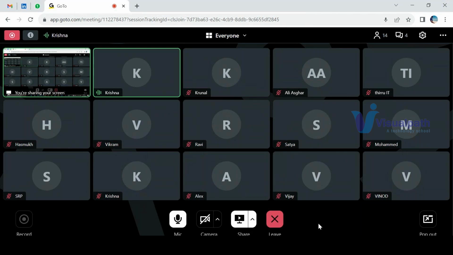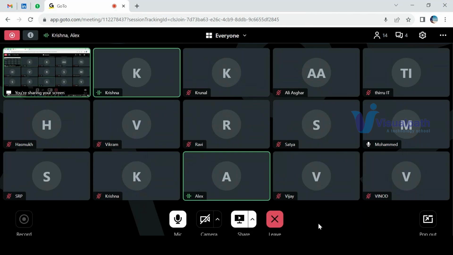It doesn't have much impact on existing transactions or anything. It will just work going forward from the new setup level. So that's how it works. Okay, Krishna. Thank you.